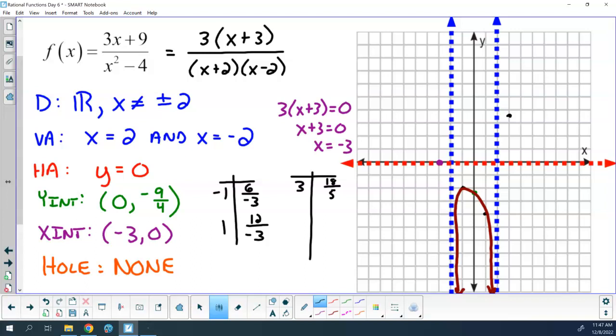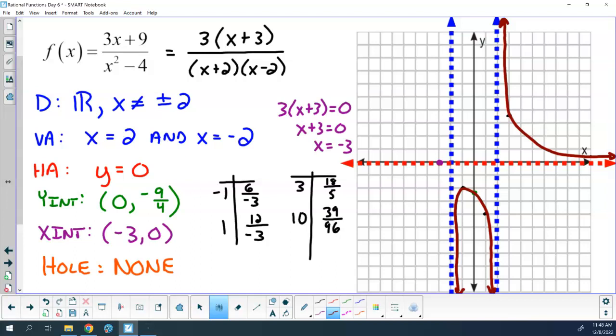Then, if I go +10, I would have 30 + 9 is 39 over 100 minus 4 is 96. That's going to be less than 1 there. So that whole zone over here is going to go like this. With me so far?